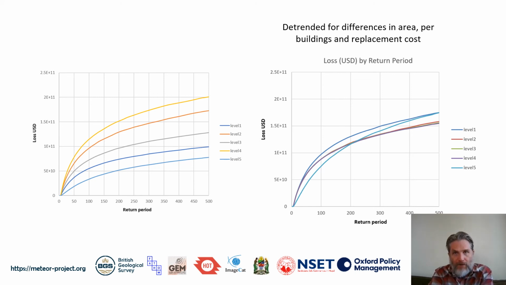And what we found was it was the area associated with buildings and the replacement cost associated with buildings.